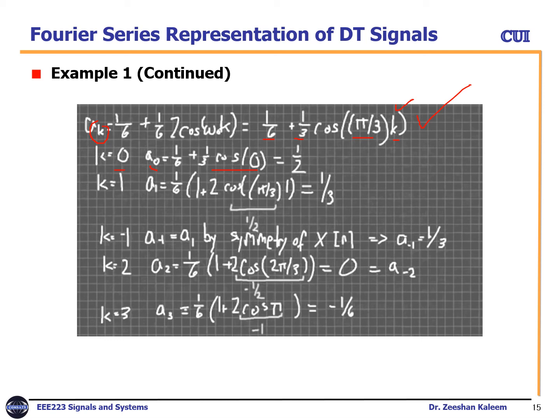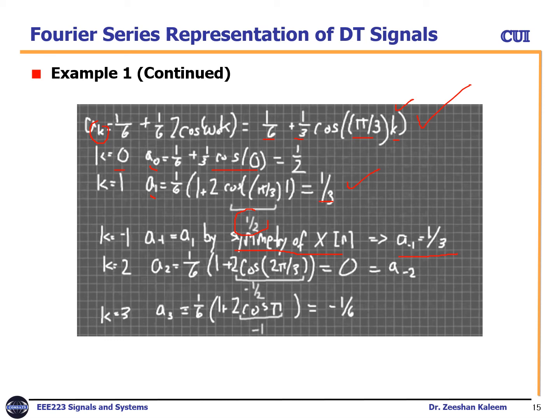For k equals 1, we have a1, 1 over 6 plus 1 over 3 times cos pi by 3, whose result is 1 by 2. So by putting this value, we get 1 over 3. For k equals minus 1, because we have a value at minus 1 as well, a minus 1 equals a1 by symmetry of x of n. So a minus 1 is equal to 1 over 3.